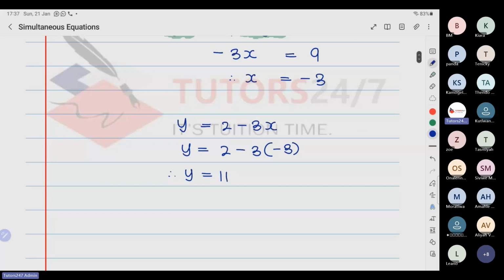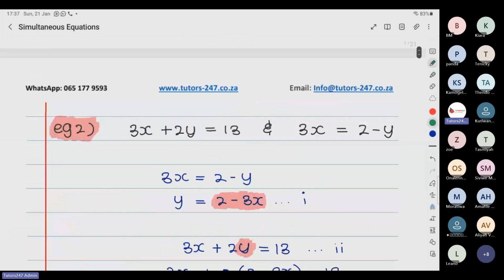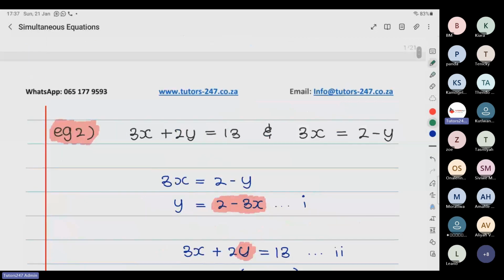Now that we have both the x and y value, we can check if our answer is correct. How do we do that? So we go back to the original equation, we substitute into the equation and see if the left-hand side is equal to the right-hand side.